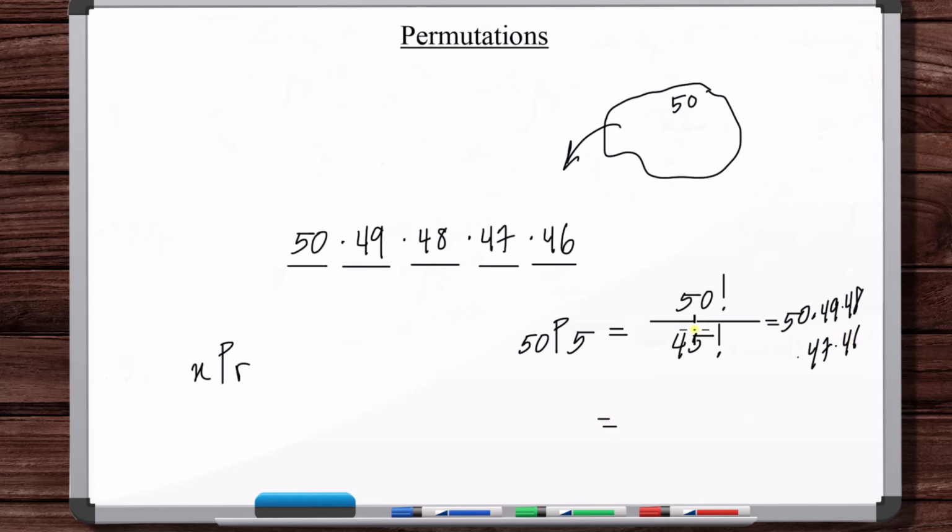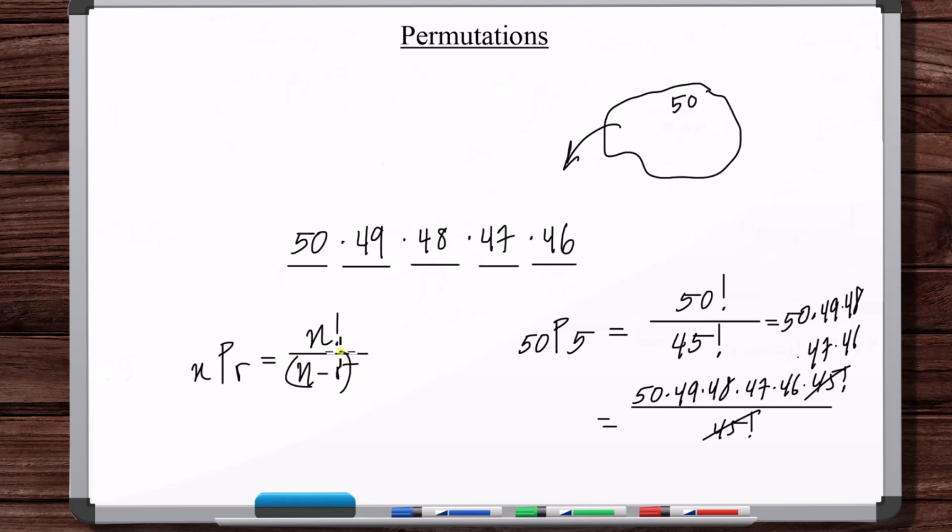Why is that? Because, well, what is 50 factorial? Right? You can write 50 factorial this way. These two cancel out, and there you go. Okay, so the general nPr formula is n factorial over n minus r factorial.